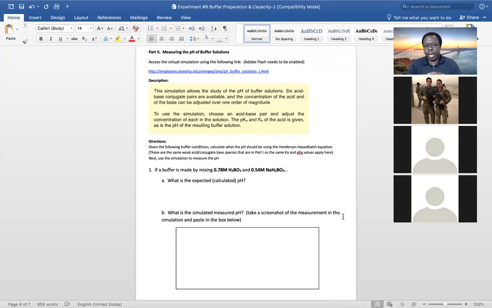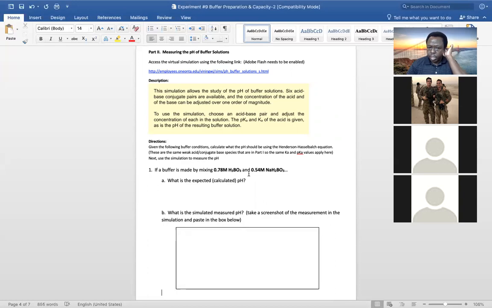Any question on part A? If there's no question, part B is similar to part A, except this time around you are given the concentration of the conjugate acid base pair here. And your job is to identify which one is the acid, which one is the base.